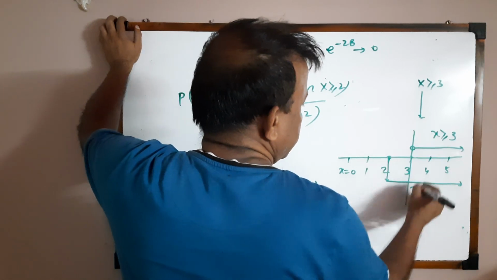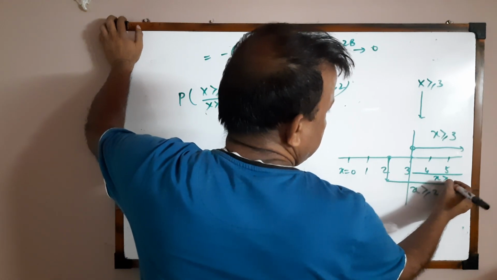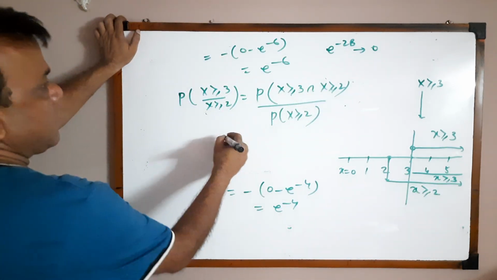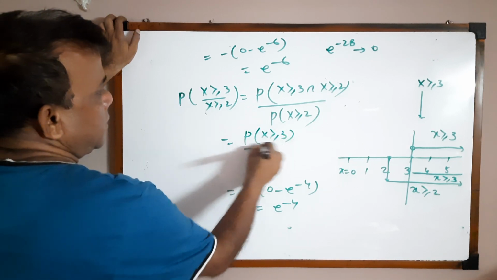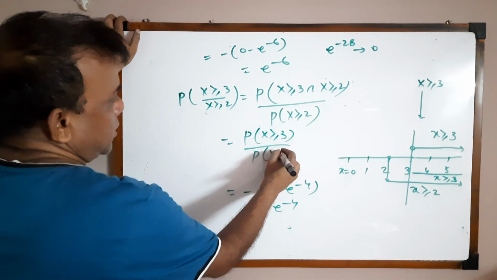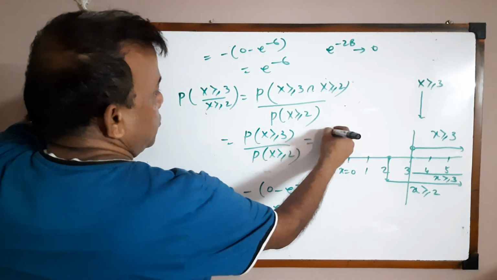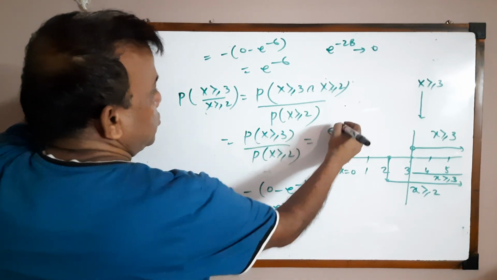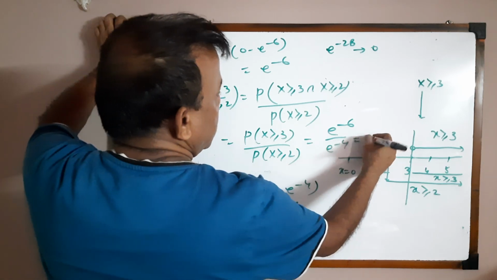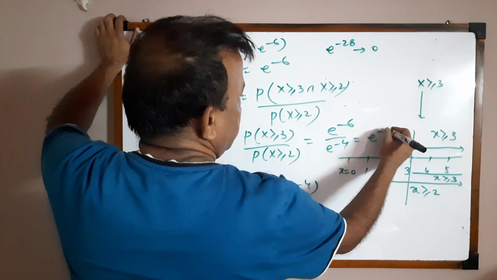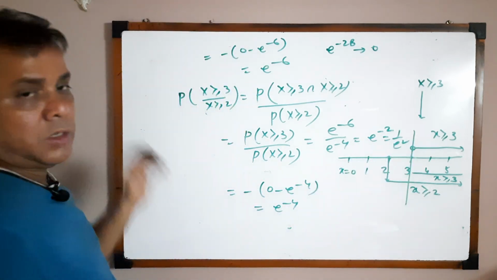Therefore, the common zone is X greater than or equal to 3. Therefore, probability X greater than or equal to 3 divided by probability X greater than or equal to 2, the value of this is e to the power minus 6 by e to the power minus 4. Finally, e to the power minus 2, that means 1 by e squared.